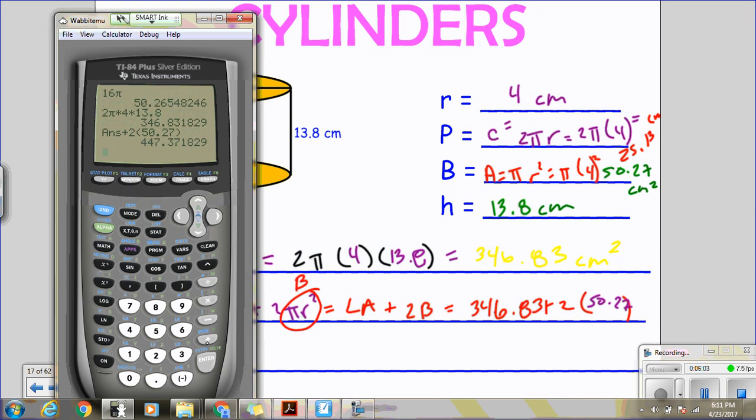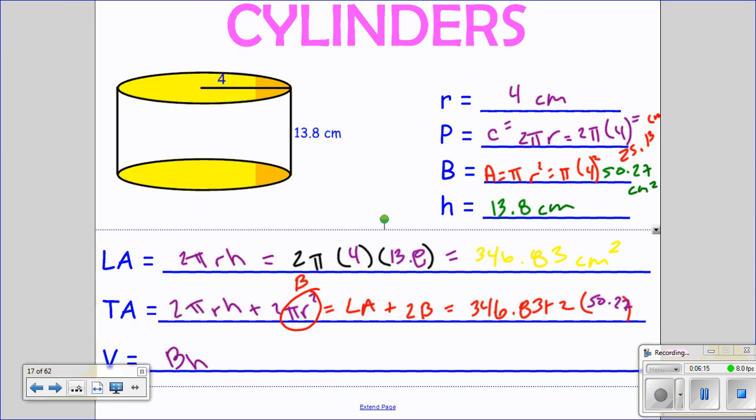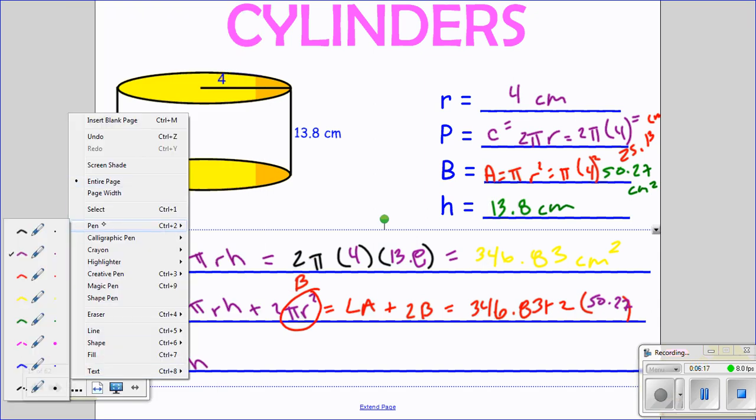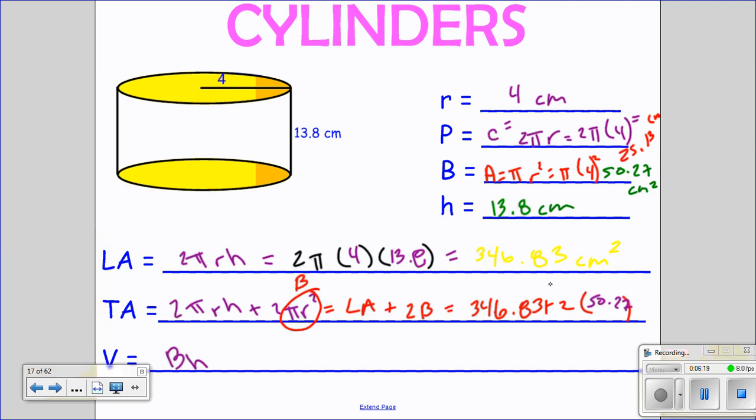And I get approximately 447.37 centimeters squared.